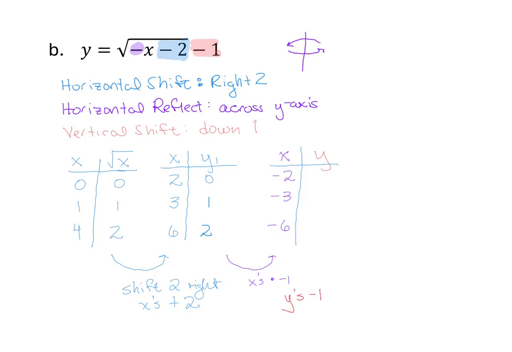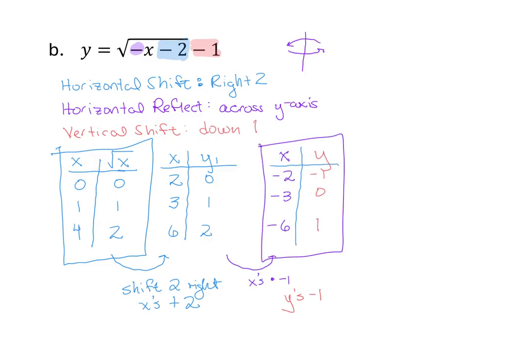If I go 0 minus 1, I get -1. If we do 1 minus 1, we get 0. If we do 2 minus 1, we get 1. And this here is going to be the table that we want to use when we draw this out. So we have our original function, our parent function, and then we have the final function.